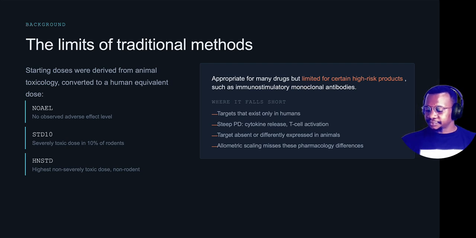So historically, the first-in-human doses were derived from animal toxicology, as we see from the slides, and these studies were based on the no observed adverse effect level, the severely toxic dose, where you have toxicity in at least 10% of the rodents, or HNSTD, the highest non-severely toxic dose in non-rodent species. And then these doses will be converted to a human equivalent dose, and you'd get, okay, a rough estimate, right?